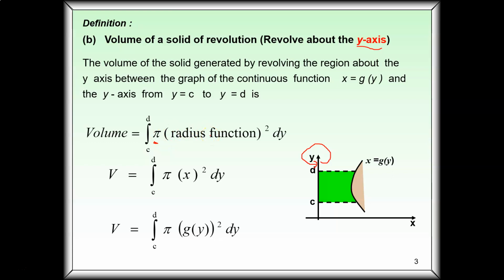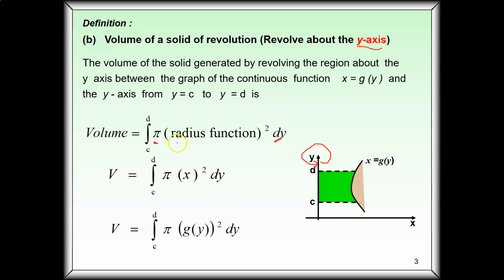The formula is the same: always pi times the radius function squared. The difference is only at the back, whether it is going to be dy or dx. How do you determine whether it is dy or dx? You refer back to the question. When the question asks you to revolve about the y-axis, then this will be dy.